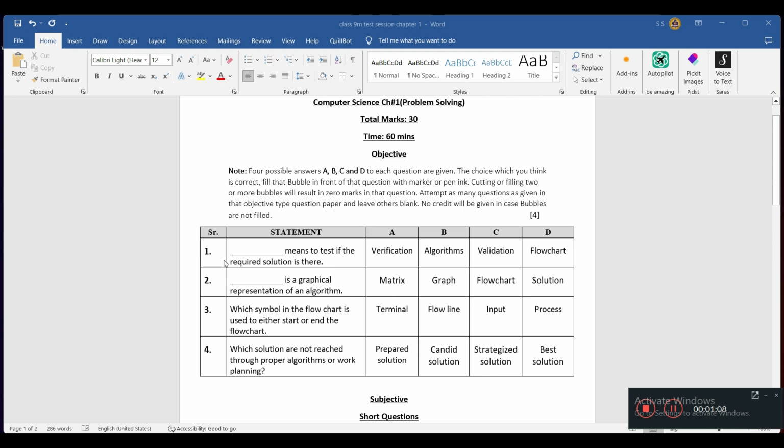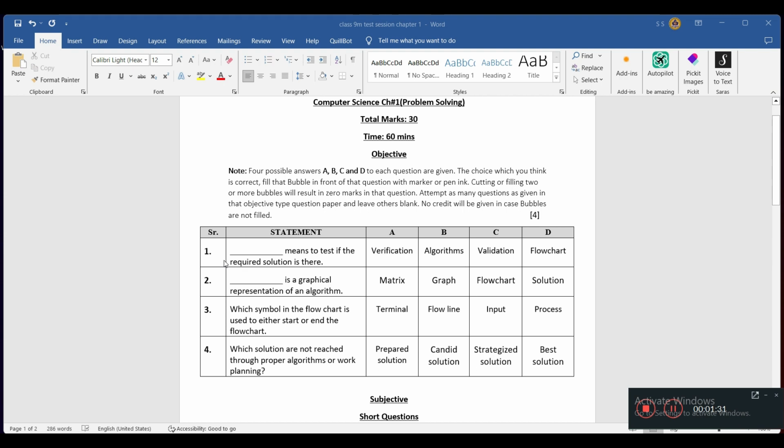The first question is: blank means to test if the required solution is there. Point A, verification, B, algorithm, C, validation, or D, flowchart. We know that validation means to test if the solution is according to the given problem.